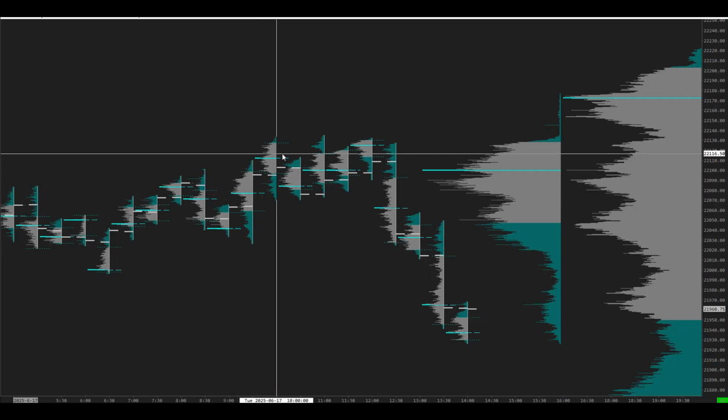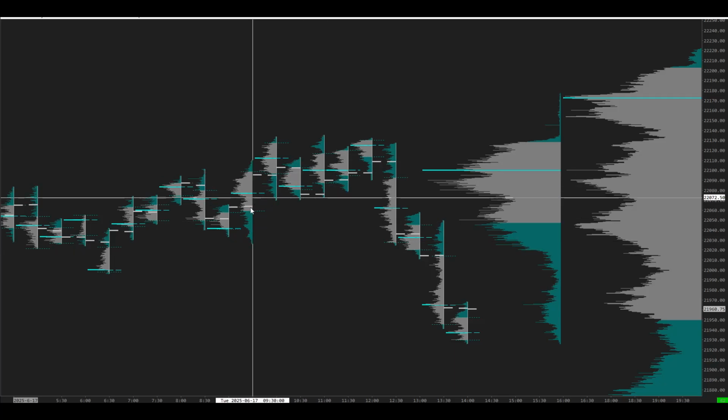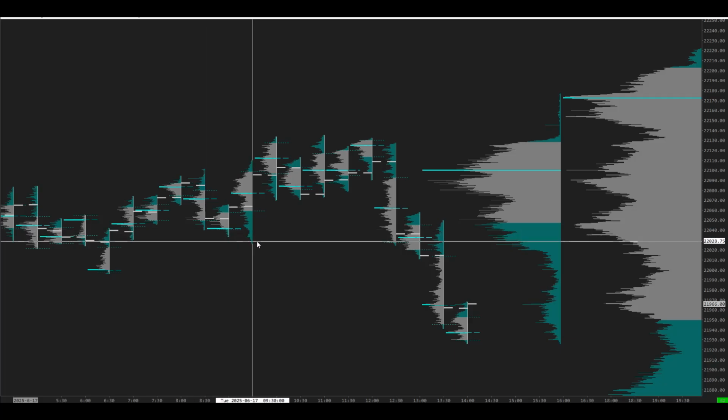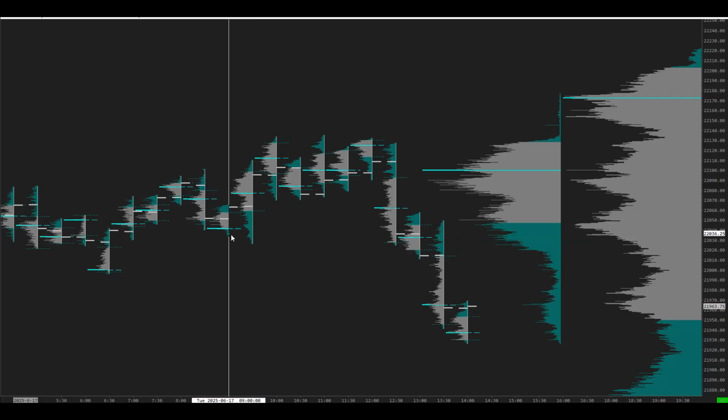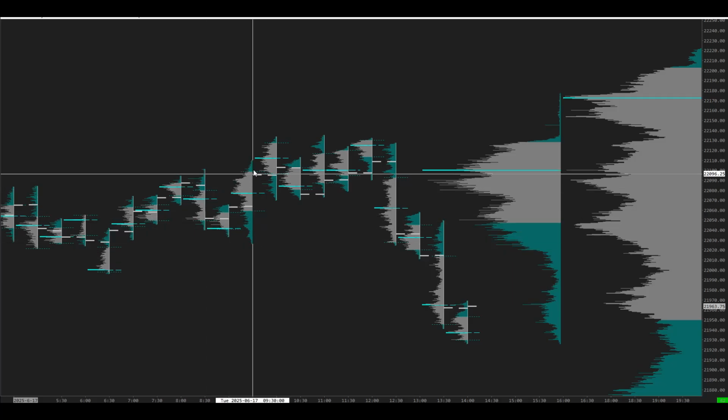This is the 30-minute one that I posted on FinTwit yesterday. So yeah, right after the open here, this is the first half-hour auction. It goes right below these prior auctions and then goes back the other way.